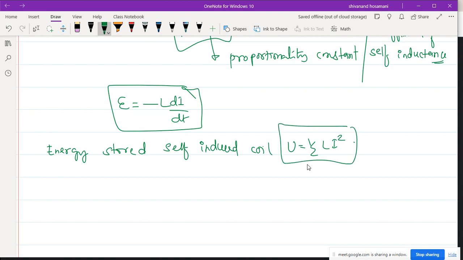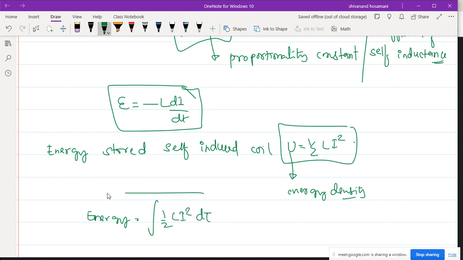It's actually energy density. Generally, when writing the energy, E is equal to the integration of 1 by 2 L I squared d tau. What is this d tau? Tau is nothing but the volume element.